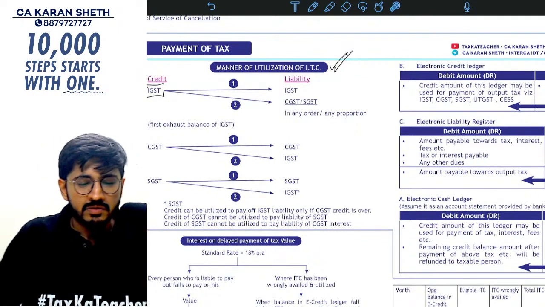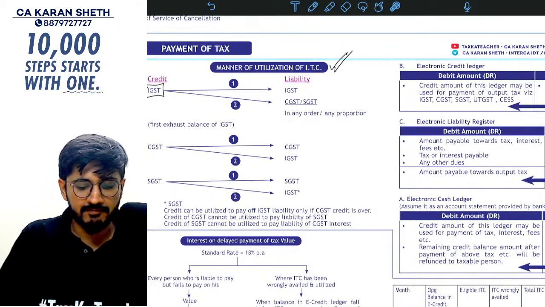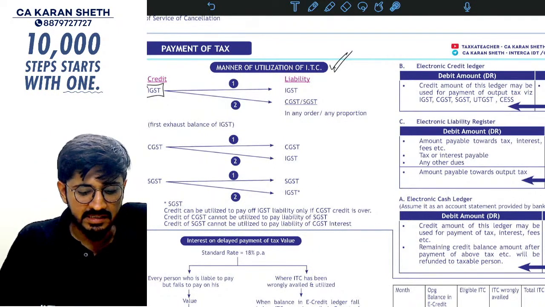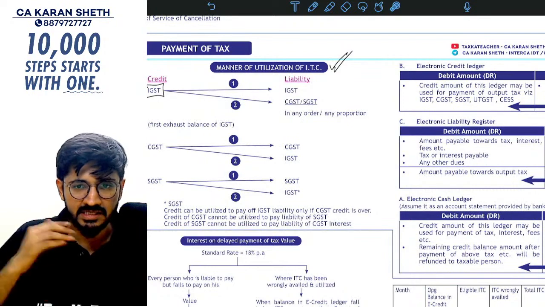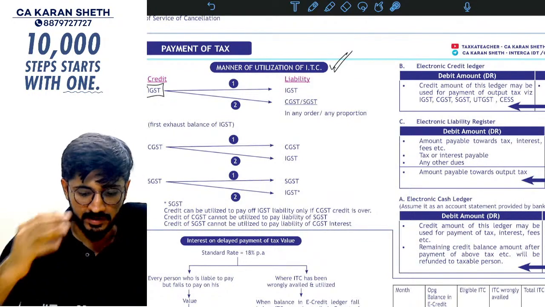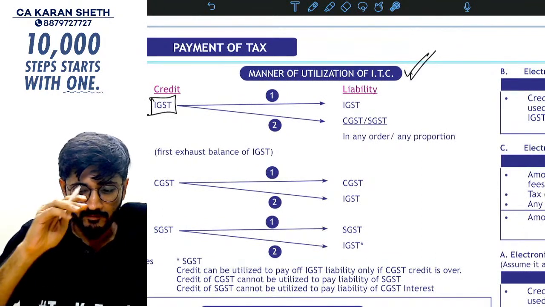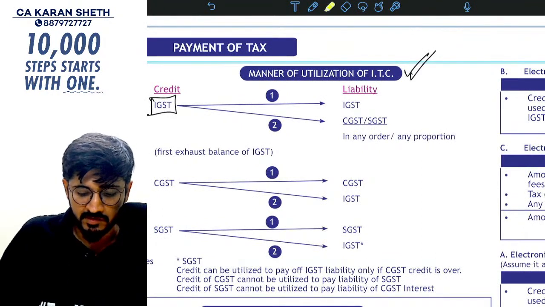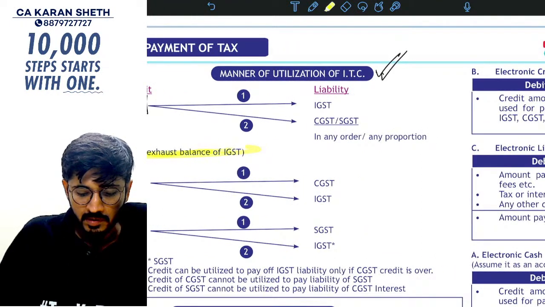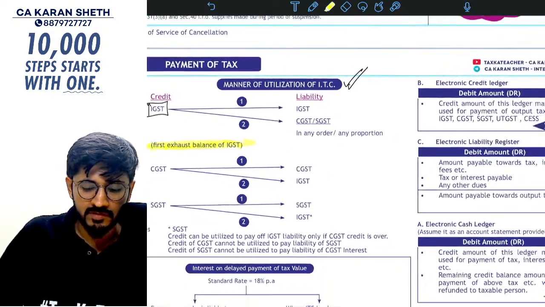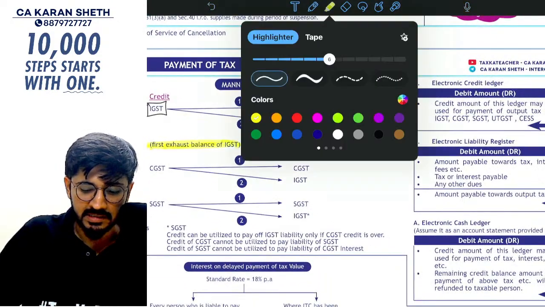Okay. So payment of tax, my dear friends. We have three taxes: IGST, CGST, and SGST. Now understand that your first aim should be to knock off the ITC of IGST.